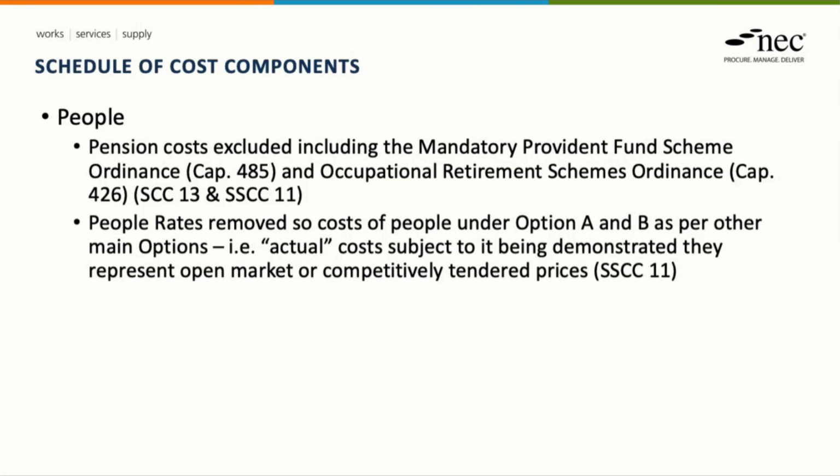As mentioned earlier, within the short scheduler cost components, and so this only applies to options A and B, people rates have been removed. So we're going to rely upon the actual costs of the people when assessing compensation events. So that's the same principle that applies to the cost-based contracts, C, D, E and F.